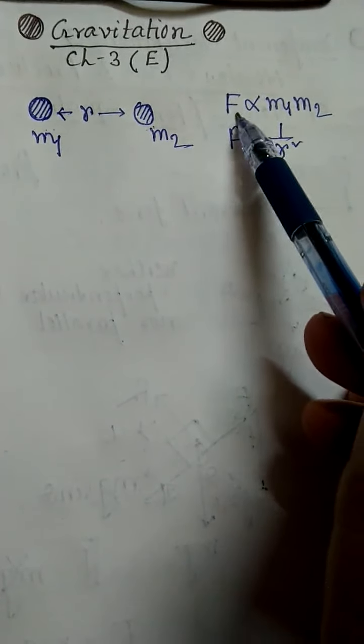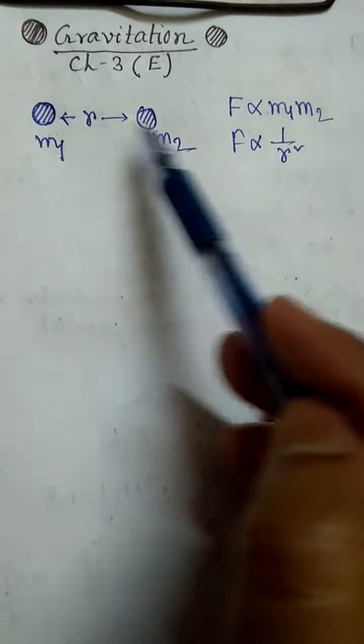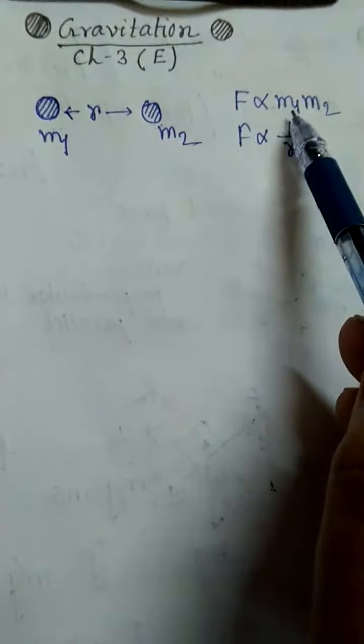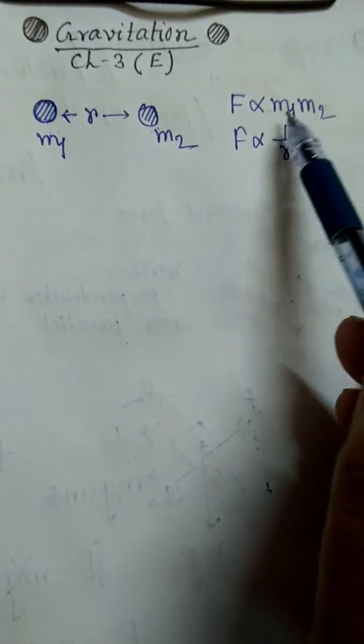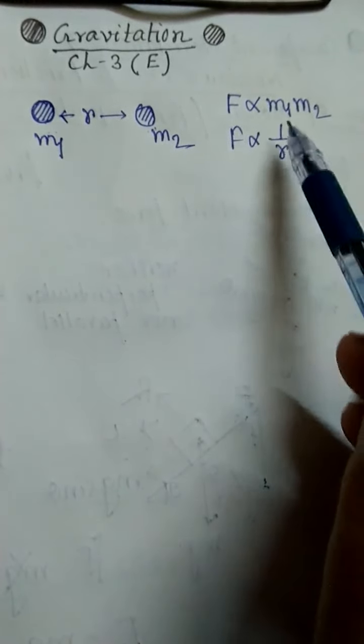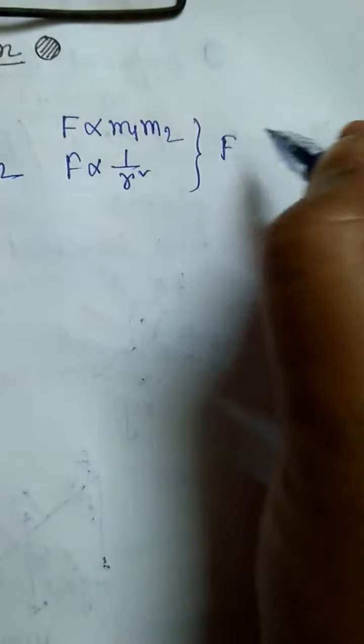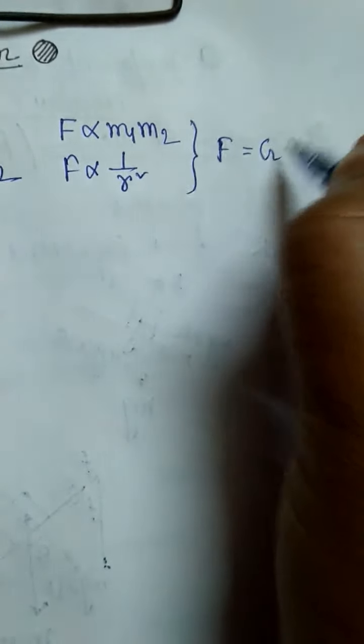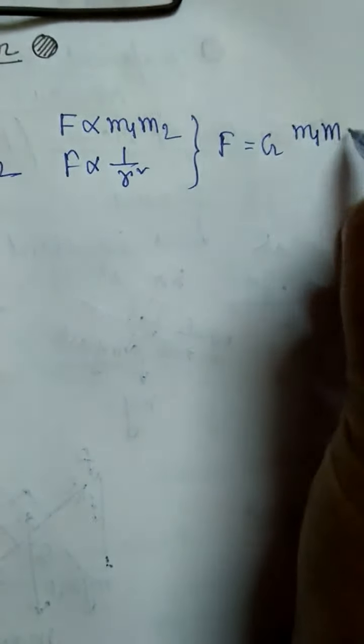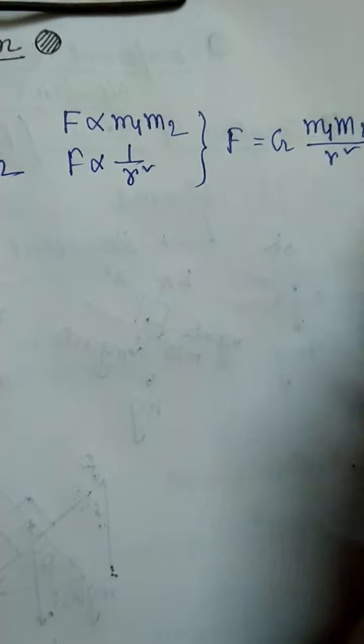What am I saying? The force of attraction is proportional to the product of these two masses and inversely proportional to the square of the distance between them. Now if you combine these two, what will you get? F equals a constant G into m1 m2 by r square.